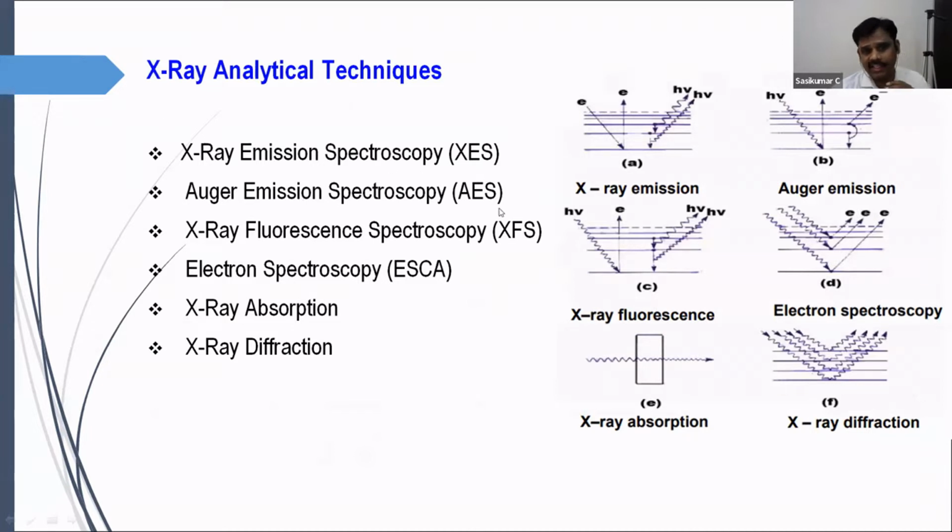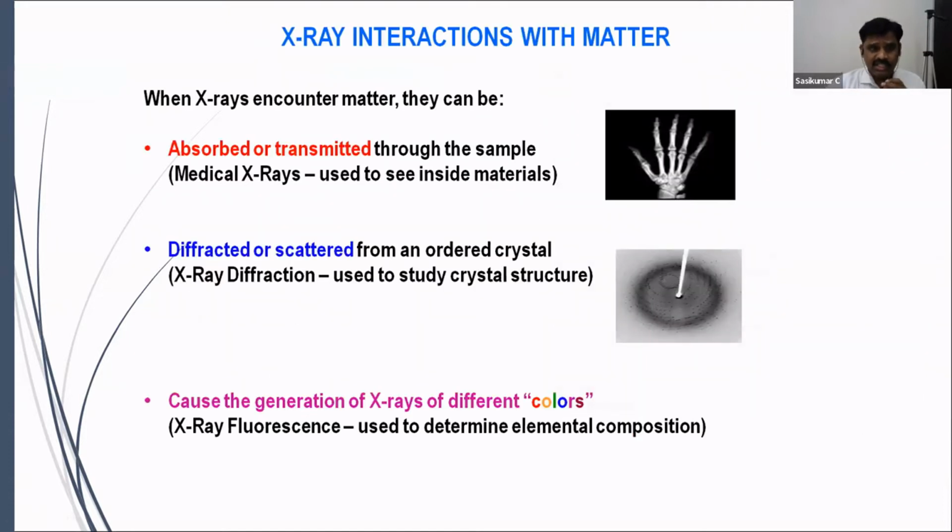Accordingly, the X-ray analytical techniques are classified as XES or AES or XFS or SCA techniques, X-ray absorption techniques, and X-ray diffraction techniques. In general, we commonly use X-rays in medical applications, where X-rays which are absorbed or transmitted are used for identifying the material.